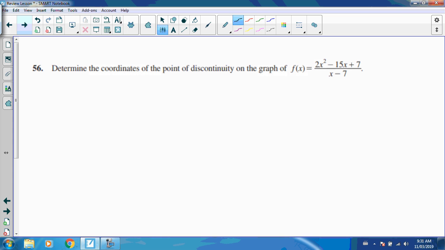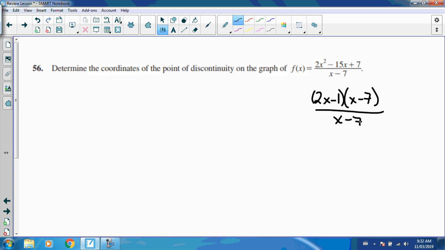And this one, determine the coordinates of the point of discontinuity of the graph of this function. So give that one a try, see if you can find that. All right, so what we should do here first is factor the numerator, and it is 2x minus 1 and x minus 7 over x minus 7.